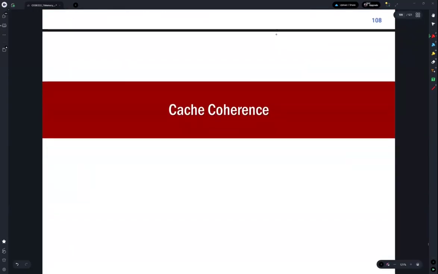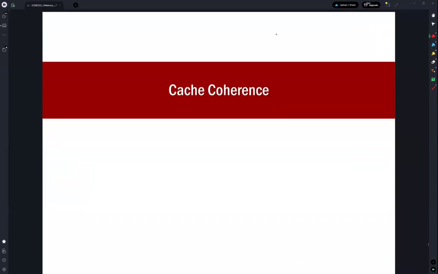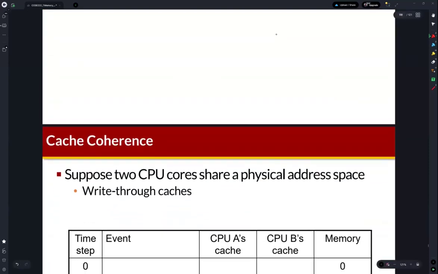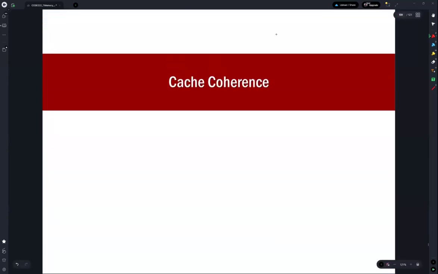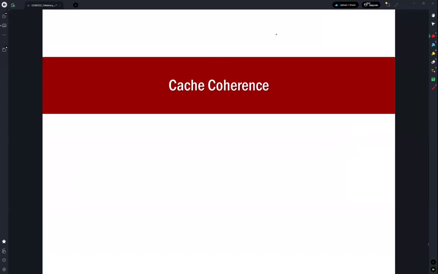So I will not explain the cache coherence because the cache coherence is related to multi-core architectures. But in this course, we do not learn about multi-core architecture. Actually, we briefly learn about some parallel processors in chapter 6, in the next chapter.